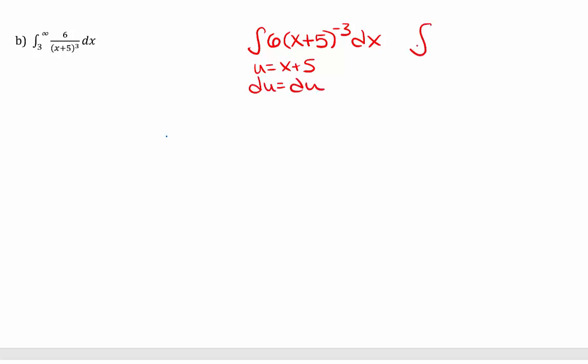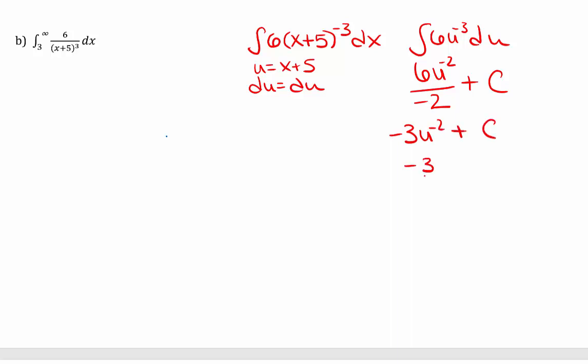This becomes 6u to the negative 3 du, or 6u to the negative 2 divided by negative 2 plus c, or negative 3u to the negative 2 plus c, or negative 3 over u squared. I guess we should change that back to an x: negative 3 over (x plus 5) squared.